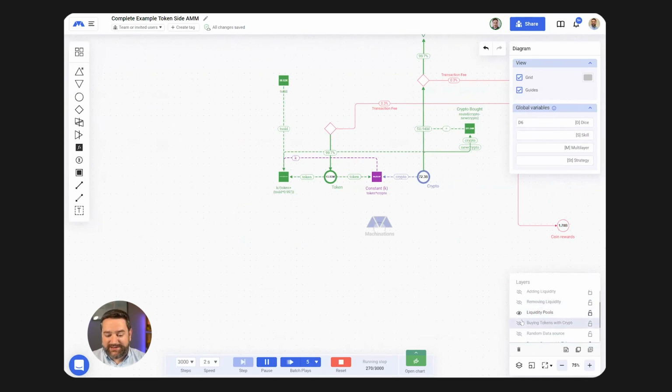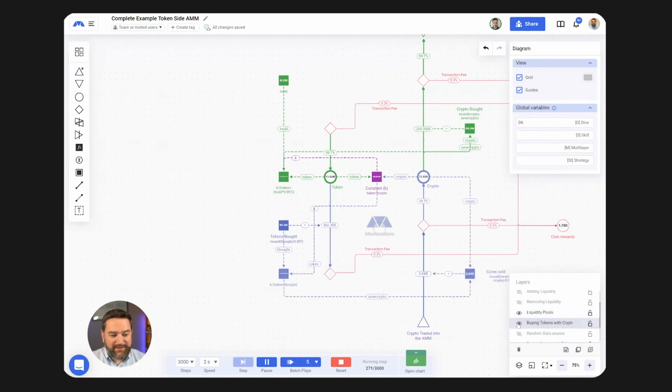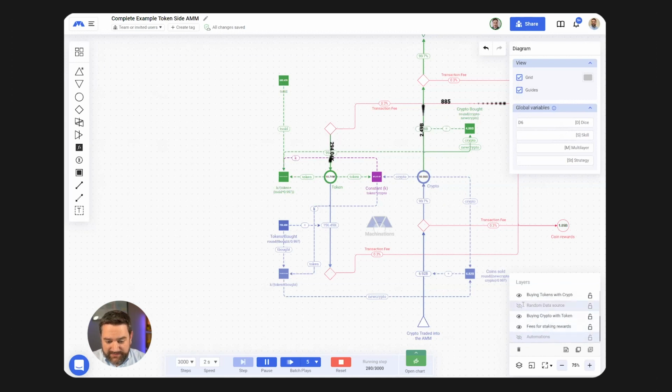The other side of this AMM is we've looked at setting tokens into the liquidity pools. The other way that we want to do this is to look at how many tokens we can buy from the liquidity pool and how much crypto we have to put in for this side of it. In order to do this, I've got some random data sources.